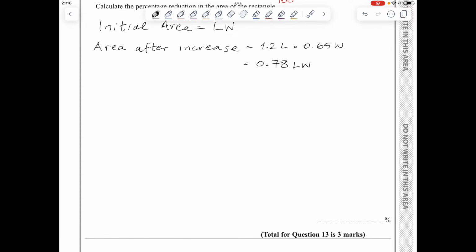Now if you have experience with multiplying factors, you should recognize a multiplying factor of 0.78 corresponding to a decrease of 22%. If not, then we'll have to do some extra workings.